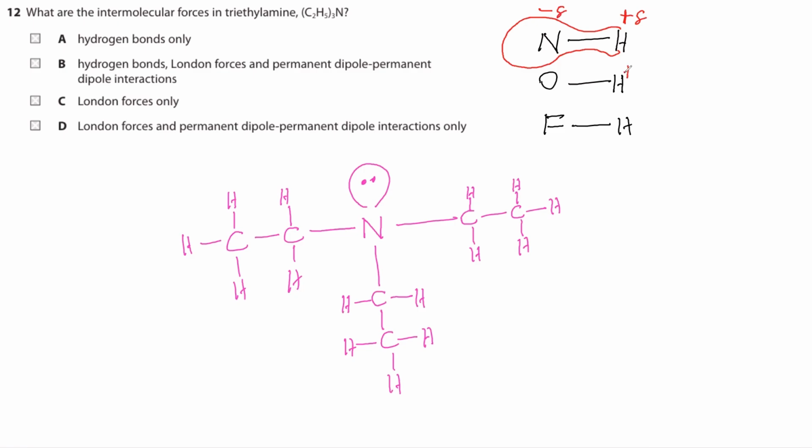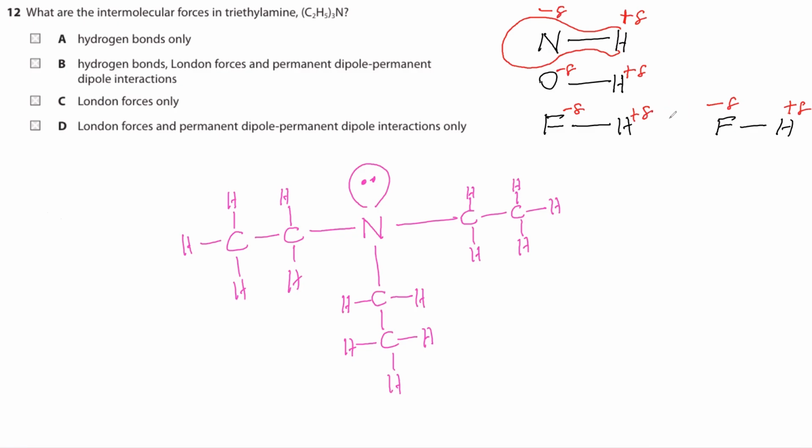The attraction between this extreme plus delta and another molecule's extreme minus delta, that's what we call a hydrogen bond. For example, if I take this HF molecule, and I have another HF molecule here, now this hydrogen again has extreme plus delta, and this is extreme minus delta.